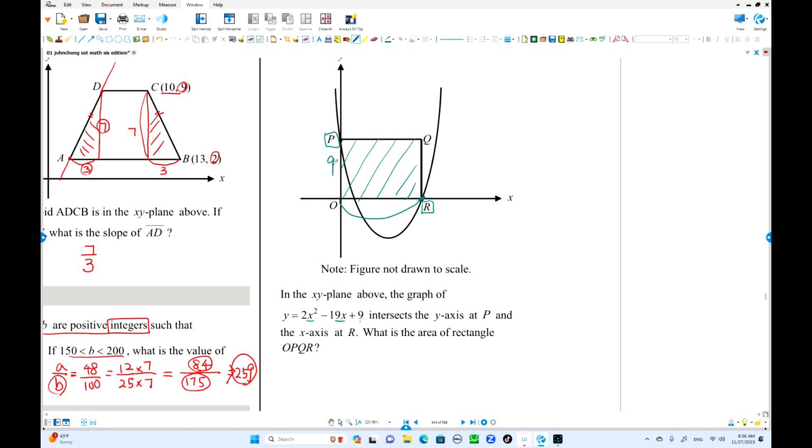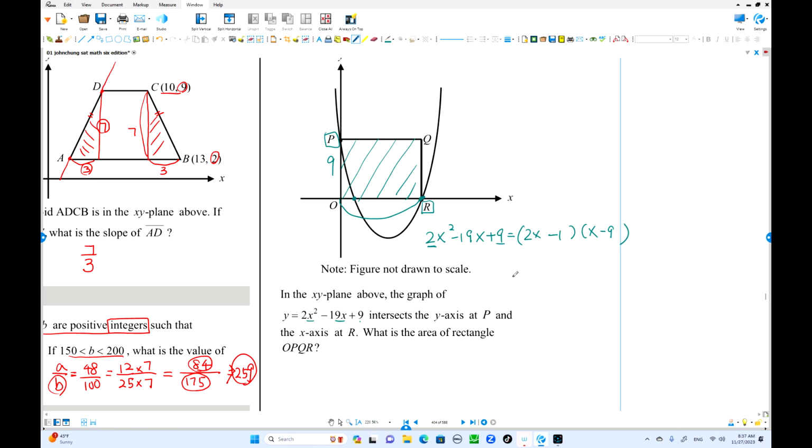Now, how can you find the x-intercept? We have 2 x-intercepts over here, okay? So you can factor this one. 2x squared minus 19x plus 9. How can you factor? There is only one way to break this, 2x and x. Now break this number 9, right? This is minus 9 and minus 1.